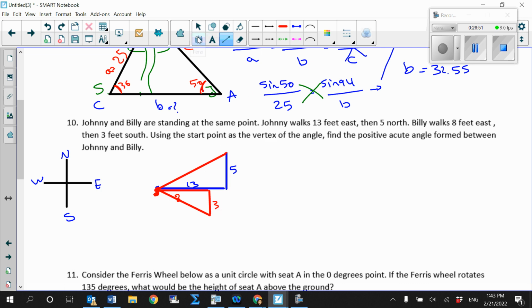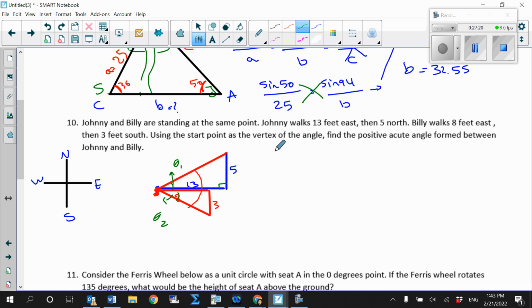Now, what are we looking for? We're looking for this whole angle, which is between these 2 people. If I find the angle here, let's call that theta 1, and this angle theta 2, and I add them together, I can find the angle between these two. So look at the first one. I have a right triangle, and I have the opposite and adjacent sides.